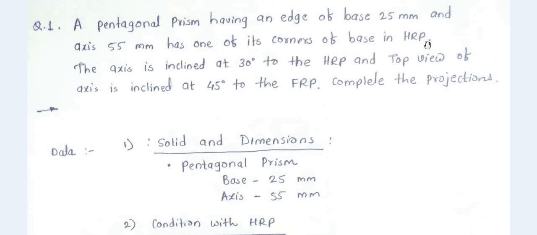Now this is the first reference to HRP, and what is in the HRP? One of its corners of base. Now if there is only a single reference to base, if lower base is not mentioned, then also we have to take it as the lower base. So here it is given that one of the corners of base, now as it is a pentagonal prism, it will have 5 corners, but out of those 5 corners only 1 corner will be in HRP.